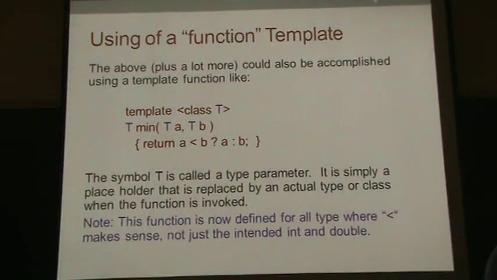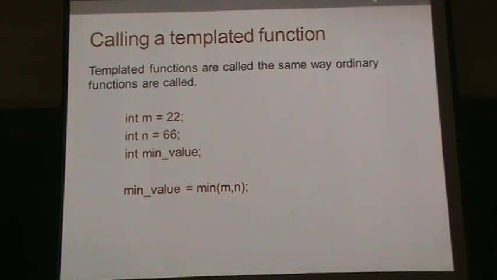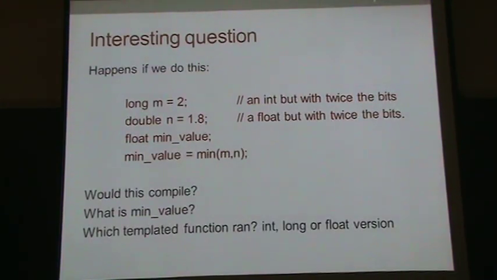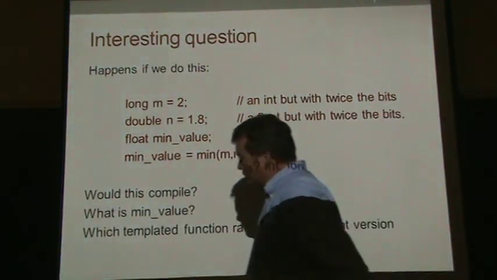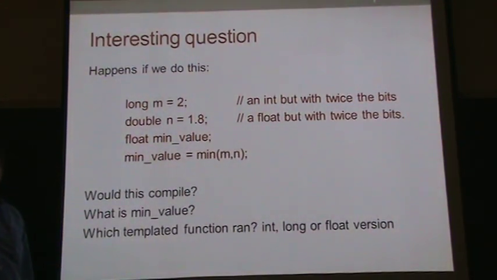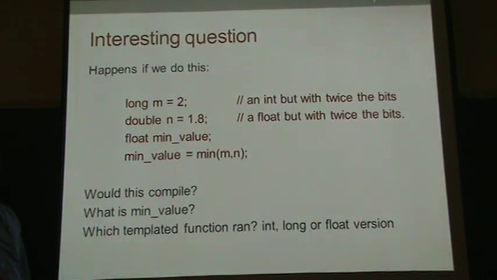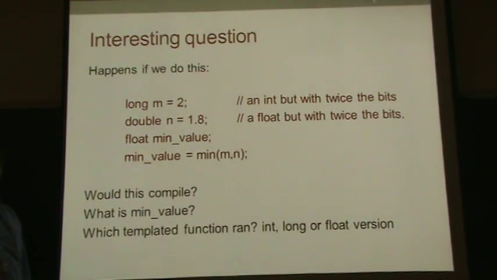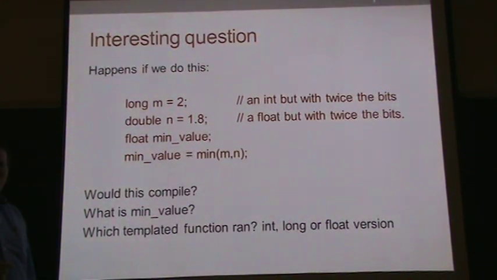Now, would the compiler say there's a type mismatch, or, you know how sometimes the compiler does an implicit cast and says, all right, the types don't match, but I think I can handle it?